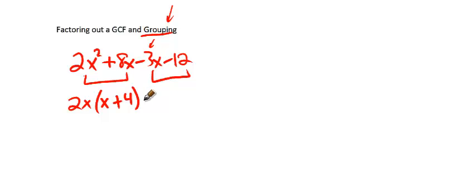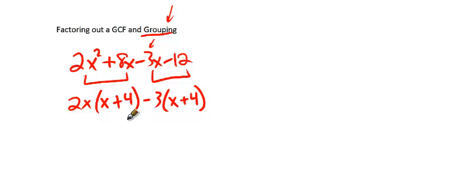So I'm not just going to take a 3, I'm going to take a negative 3 out. Alright, so what's that going to leave us with? Well, I'm taking the negative 3 out, so that's just a regular old x. I'm taking a negative 3 out of a negative 12, leaves me with a positive 4. If I want to double check that, I'm going to get a negative 3x and a minus 12. Works out.